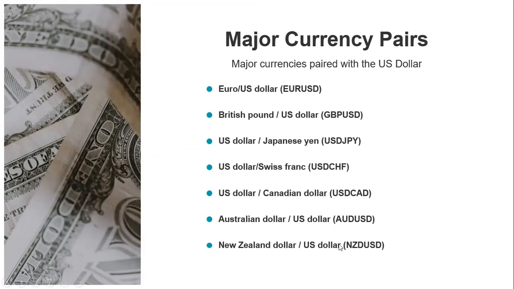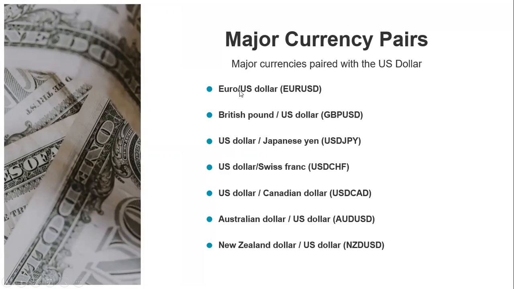So you can see that each of the major currencies we mentioned earlier are here paired with the dollar. So this group of currencies, as they are paired with the dollar, are referred to as major currency pairs.